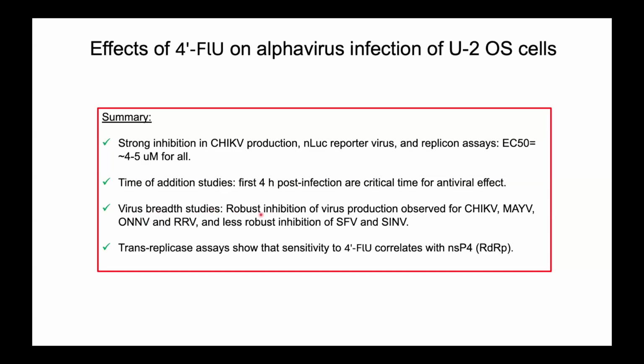And virus breadth showed that it worked against all those alphaviruses I showed you, with somewhat less robust inhibition of SFV and Sindbis. Then from Andres's lab, they did trans-replicase assays with mixes of different components and really showed that the sensitivity correlated with NSP4. So it was clearly targeting the RdRp.